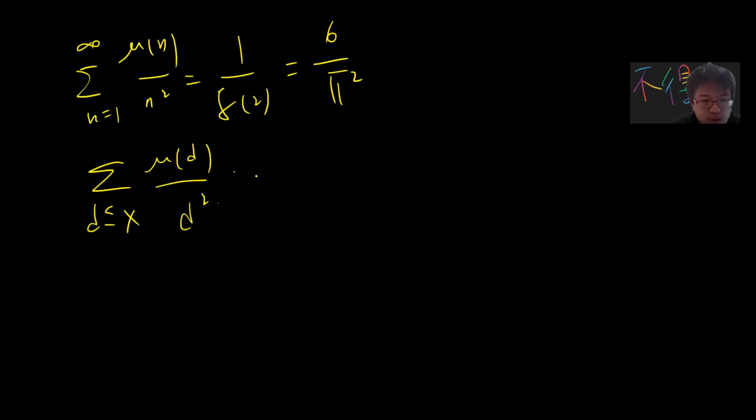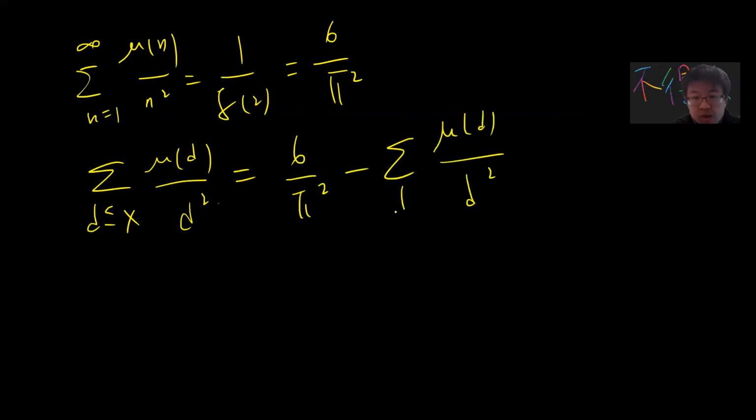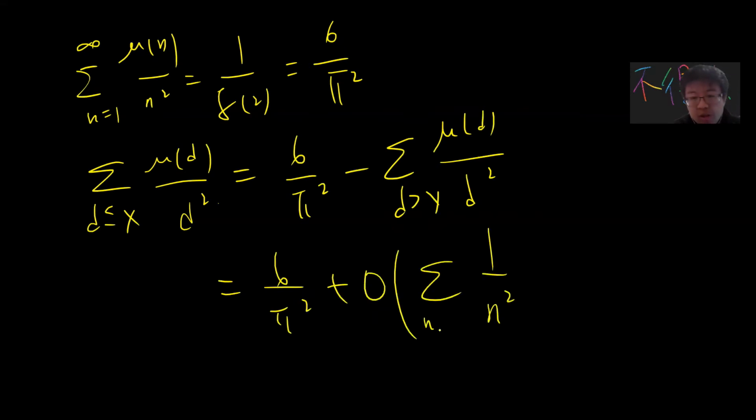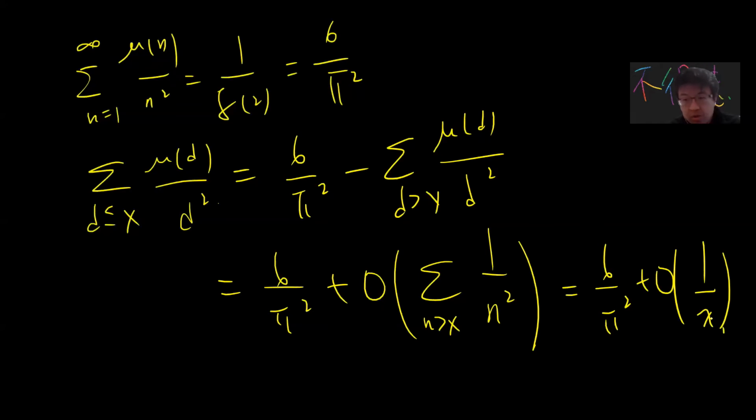Let me just write it down. So you can write it as 6 over pi squared minus the sum of mu of d squared for d greater than x, which is 6 over pi squared plus O of 1 over x.